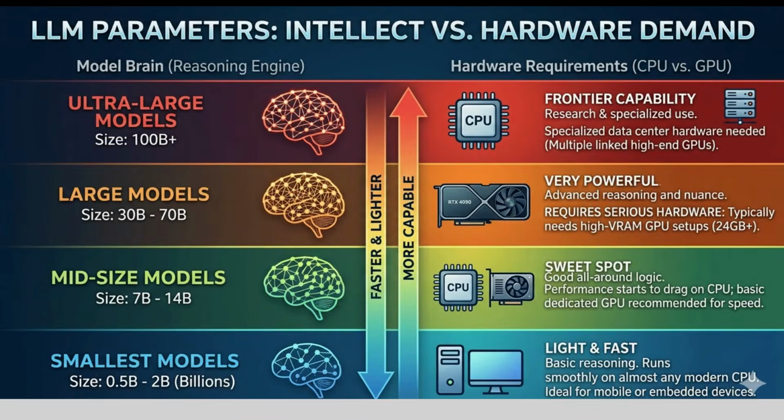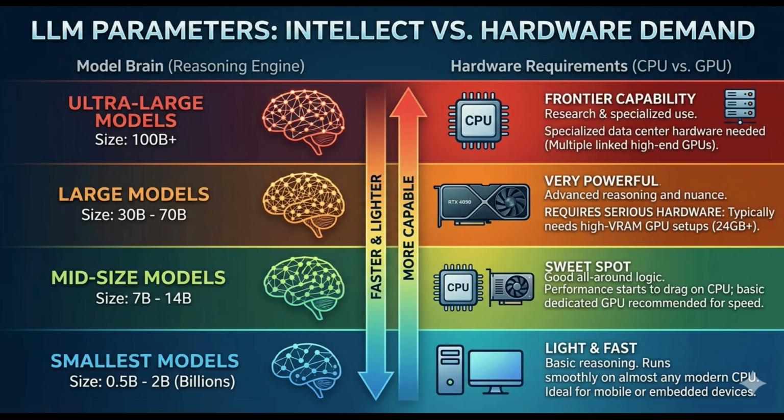In simple terms, parameters define how much the model has learned, giving you better reasoning. Generally, smaller models are faster and lighter, and larger models are more capable but much heavier to run. For example, 1 to 2 billion parameter models can usually run on CPU. 7 billion parameter models start getting slower on CPU, and anything above typically needs a GPU.